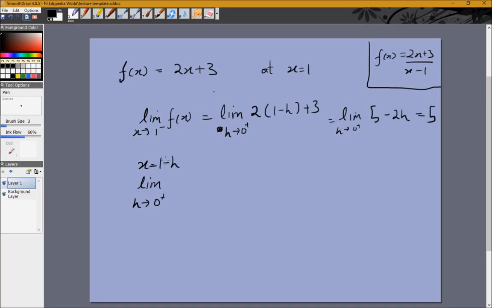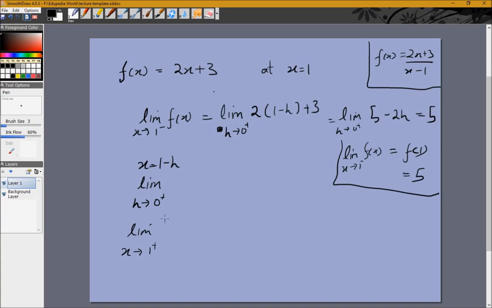Right. What about the limit as x goes to 1 plus? Also, we can see that f(x) at x equals 1 is 5. So we've proved here that the limit as x goes to 1 minus of f(x) is equal to f(1). Both are equal to 5.